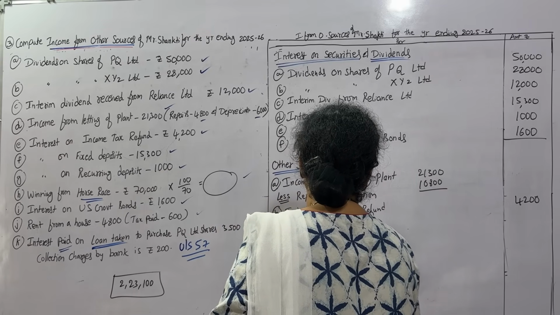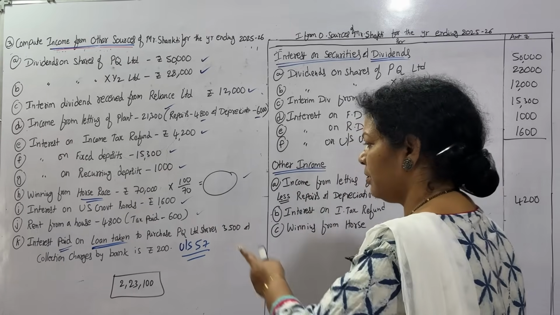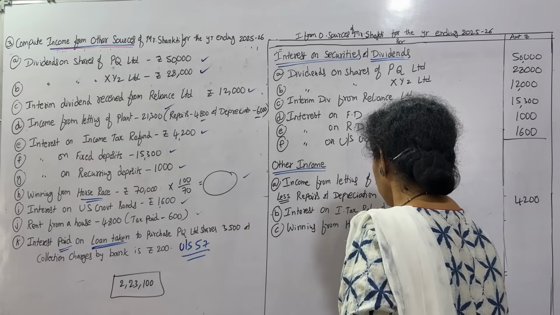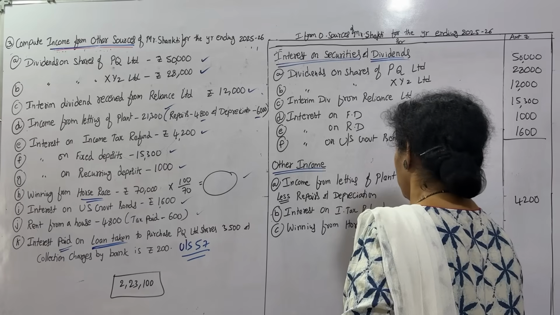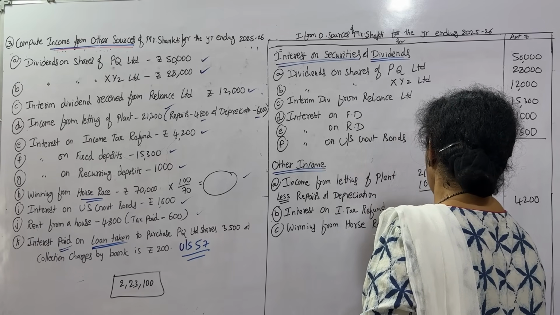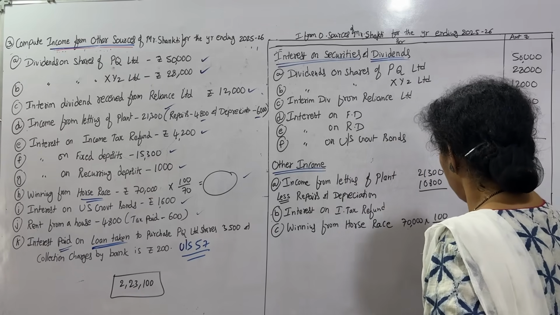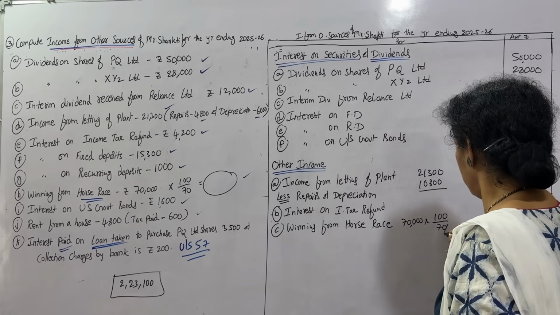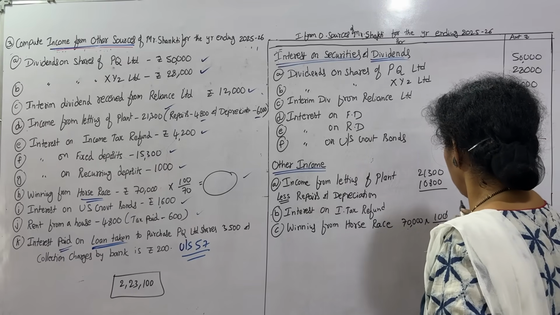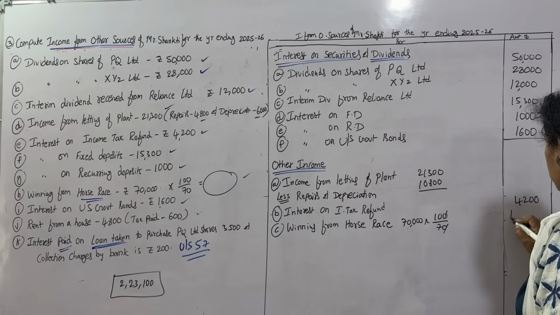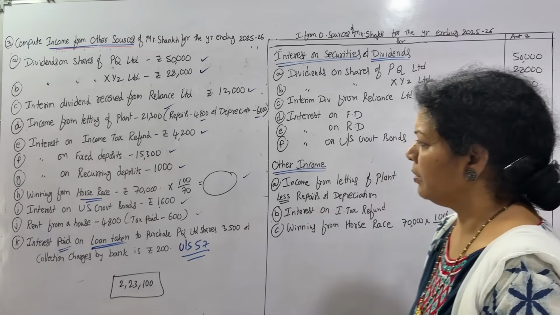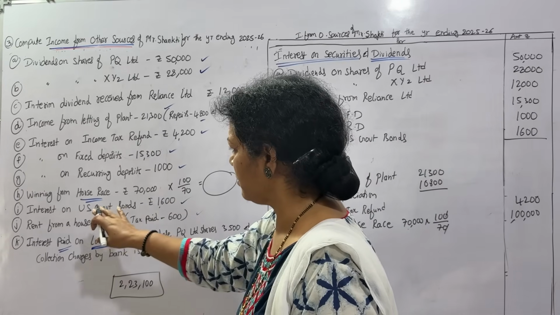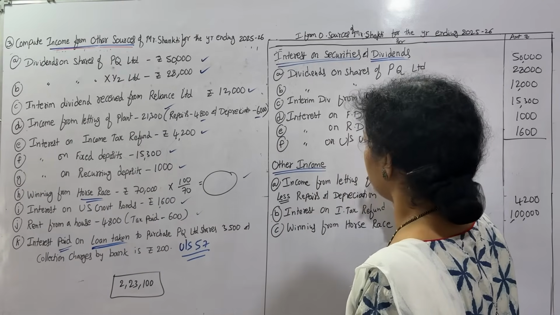Horse is more than 5,000. We consider calculation like this: horse race, 70,000 into 100 by 70. It's 1 lakh. Horse race is over. Next, interest on US bonds, I think we have written already.